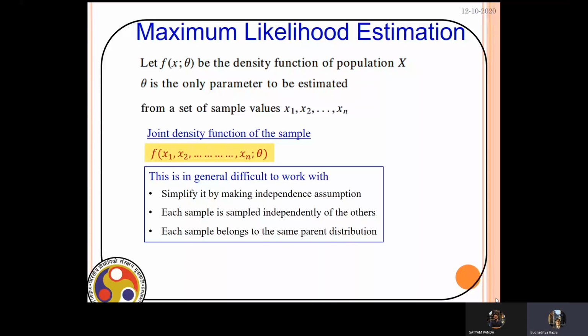Once this is applied, the whole thing becomes a product of n univariate marginal densities, and each of these marginal densities belongs to the same distribution. So if x1, x2, x3 are n values sampled from a Gaussian distribution, then f of x1 given theta will be a Gaussian distribution, f of x2 given theta is also a Gaussian distribution, and so on.